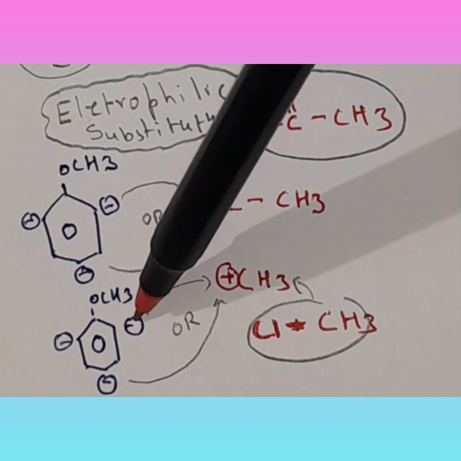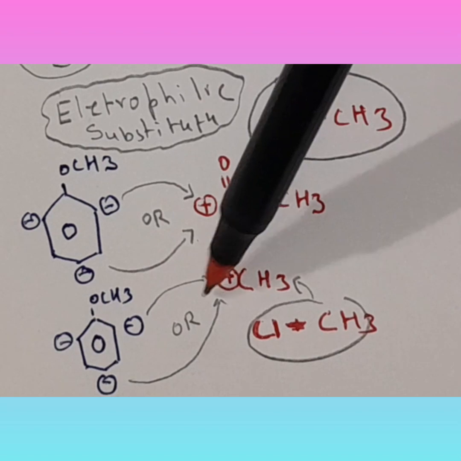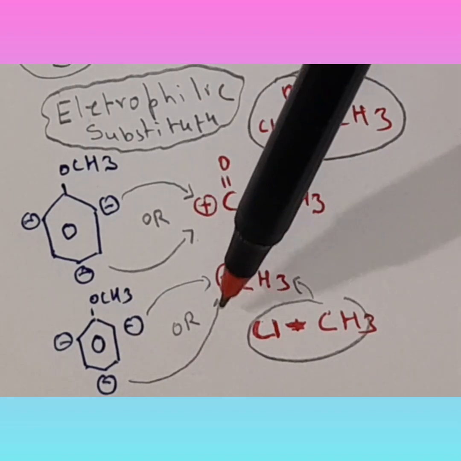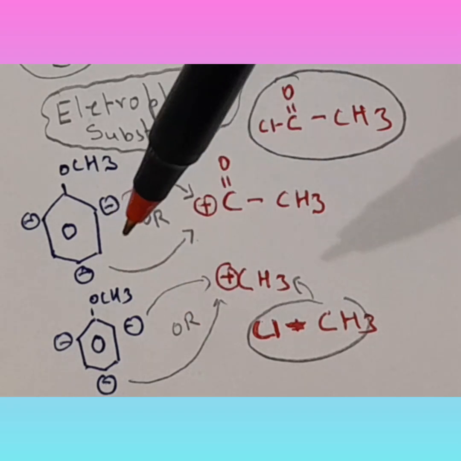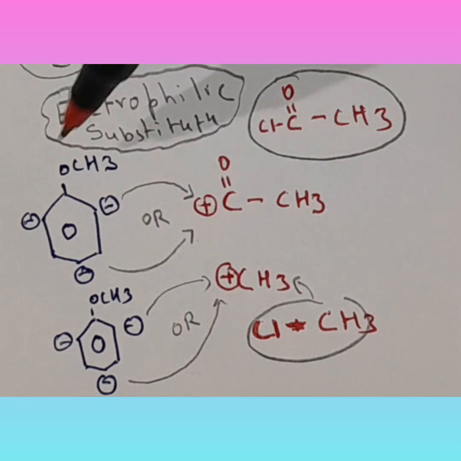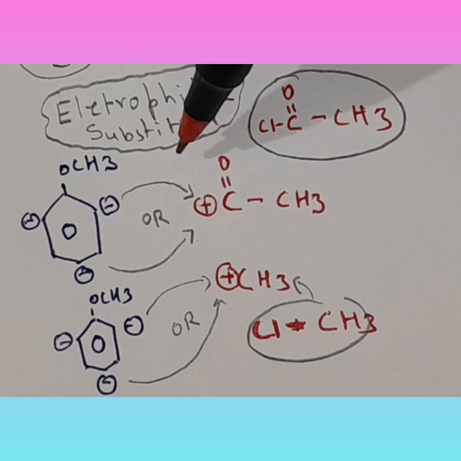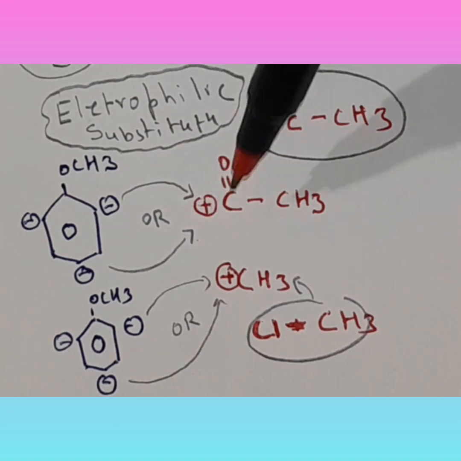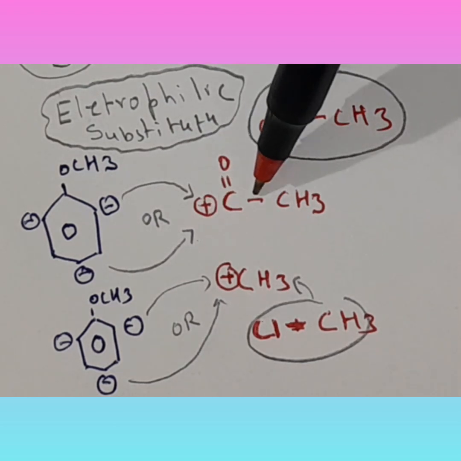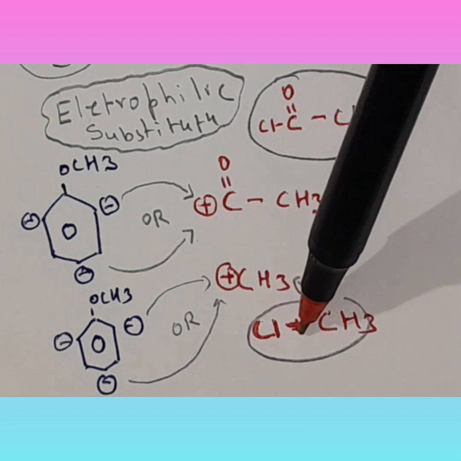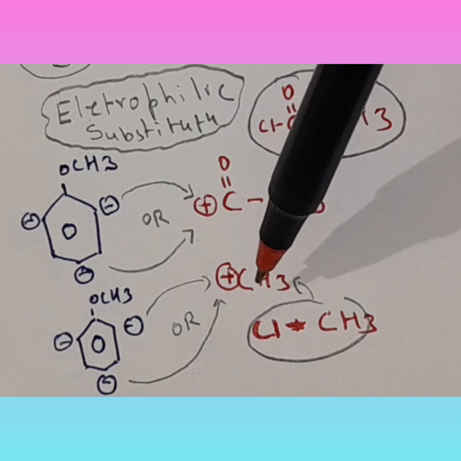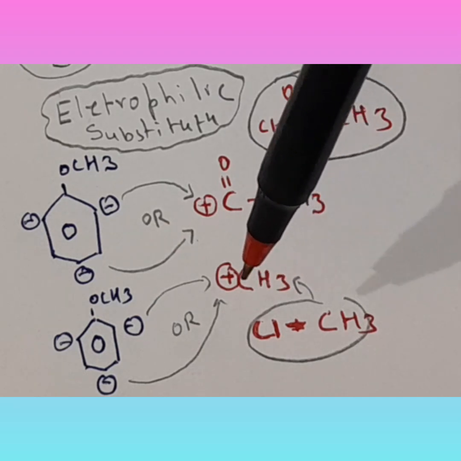Similarly here also, either ortho substitution or para substitution, or both would occur. Alright, so having understood this concept of electrophilic substitution, we need a reagent which would convert this to this. Alright, let's get into Friedel-Crafts reaction now.